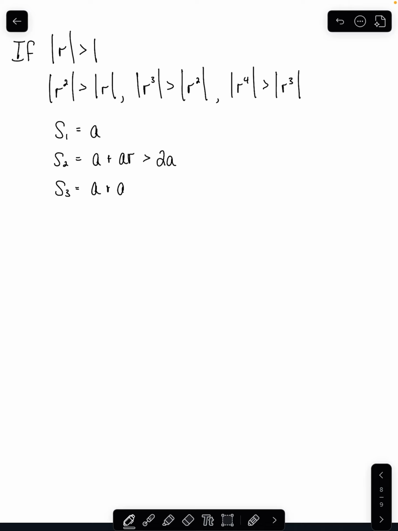S sub 3 then, r squared is bigger yet. So multiplying a by r results in a bigger value than a, and multiplying a times r squared results in an even bigger value. So this is bigger than if we just had 3 a's put together. In general, the nth partial sum is going to be bigger than n times a.